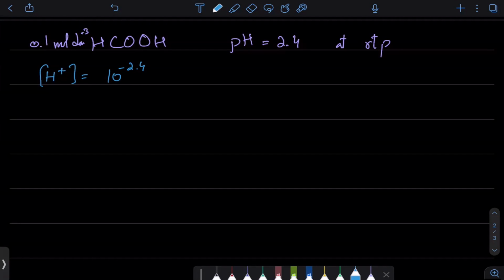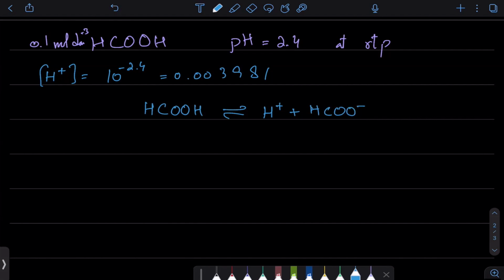We reverse it. So it will be 10 to the power minus 2.4, that will be 0.003981.